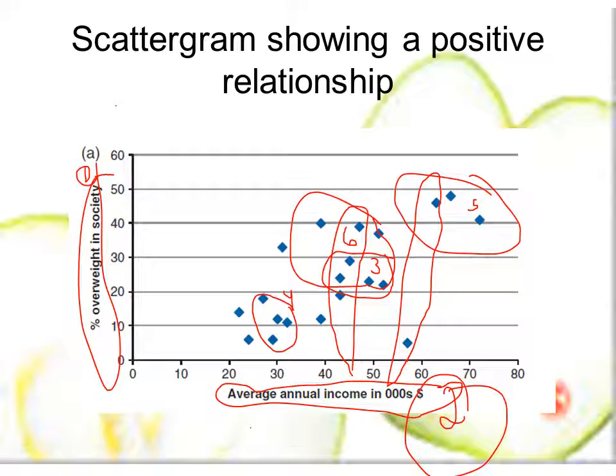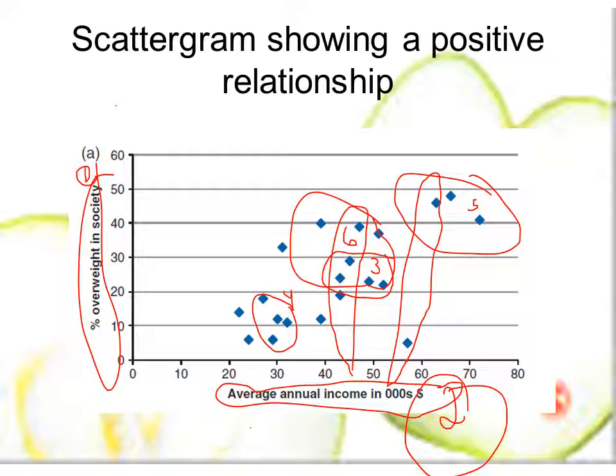Then if we look at individuals at about $45,000, $50,000, the majority of them are in the 25 to 30 percentile, right here. We'll mark that with a 6.